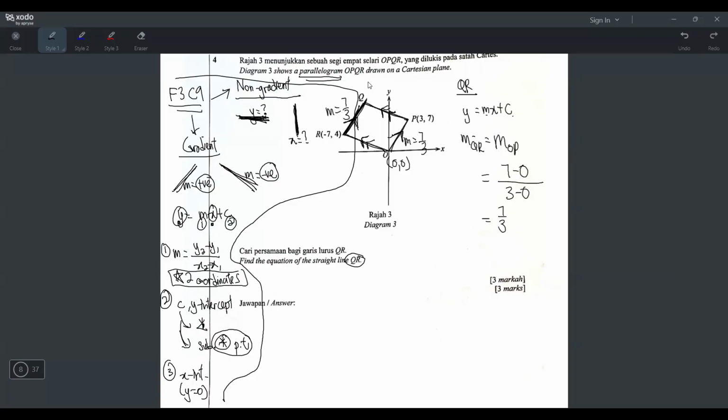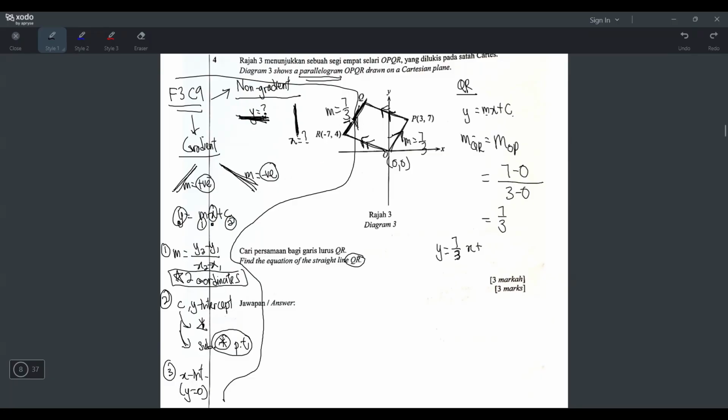And once you have the gradient, you can put it inside the equation. So it'll be y equals 7 over 3 x plus c, right? For the c, you have to check with your eyes first. See whether you can get your y-intercept from looking at the diagram. So if you look at the diagram, this is your line, this is your QR, right? Where is the y-intercept?